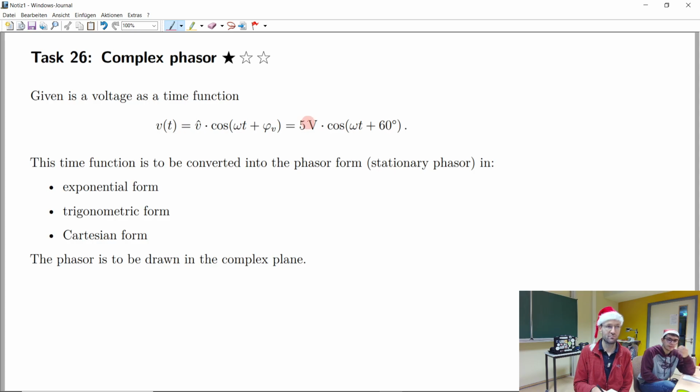So the instantaneous value changes between minus 5 volt and plus 5 volt, because the amplitude range of this cosine function is from -1 to +1 with a certain angular frequency, and this has a phase shift of 60 degrees.